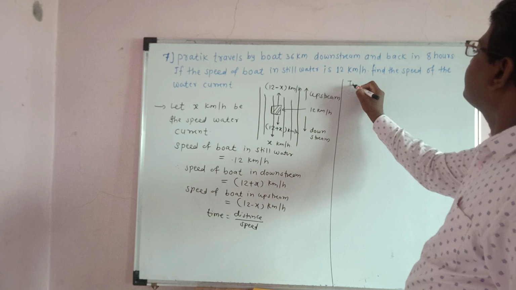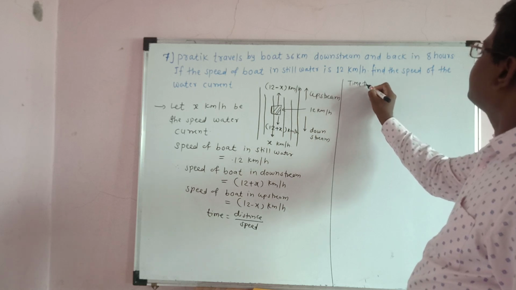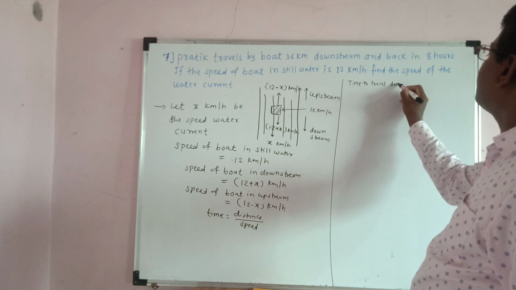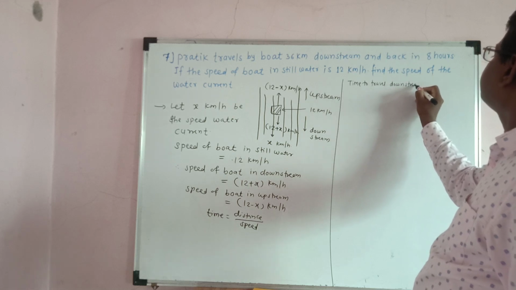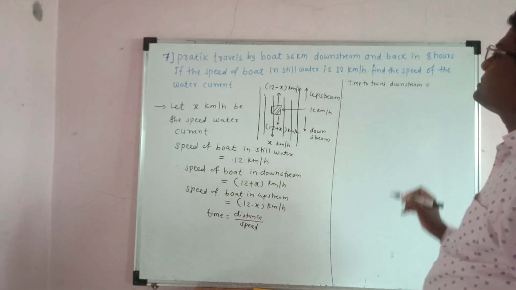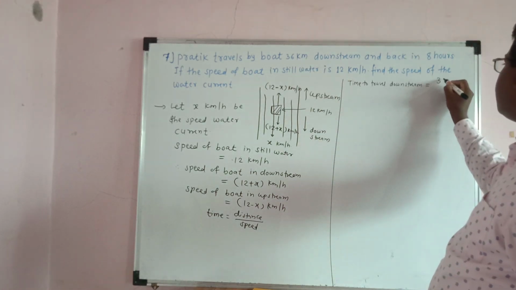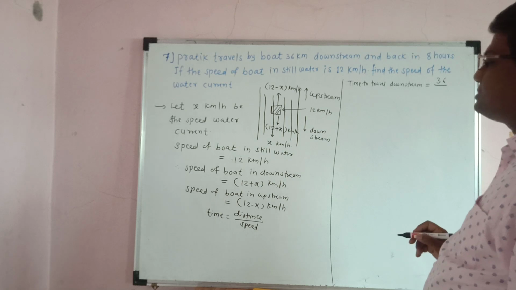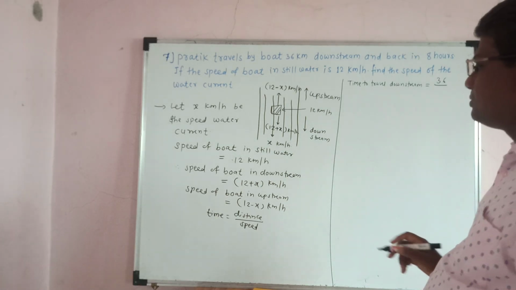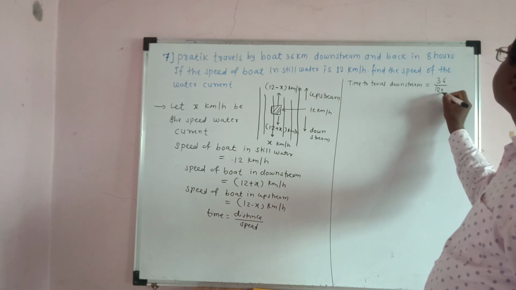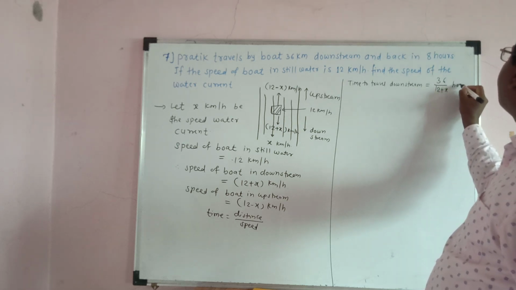Therefore, time to travel downstream is equal to downstream distance, which is the same as upstream, that is 36, and downstream speed is 12 plus x hours.